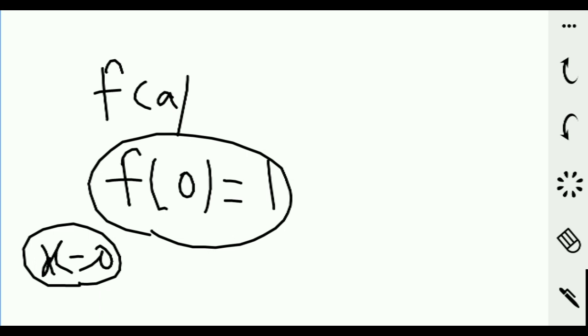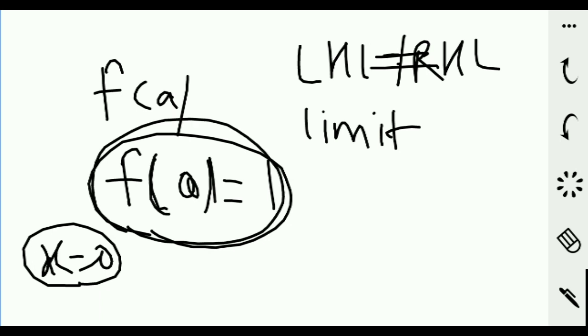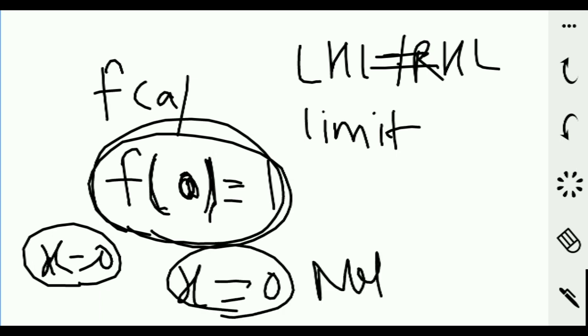Since the left hand limit is not equal to the right hand limit, the limit doesn't exist, and so there is no possible way of equating it with f of a. So we can say that the function is not continuous at x is equal to 0.